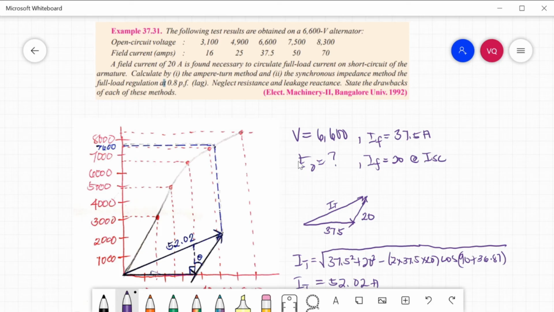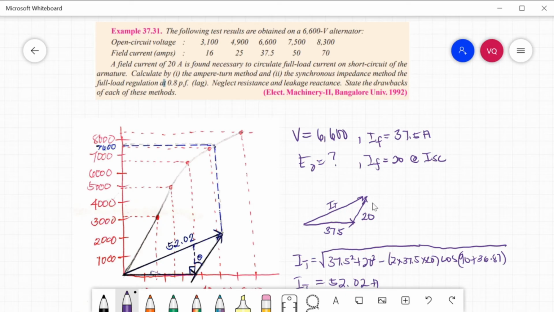So what will be the value of your EO? Our field current at ISC is 20 amperes. So this is our 37.5 and this will be our 20 amperes.